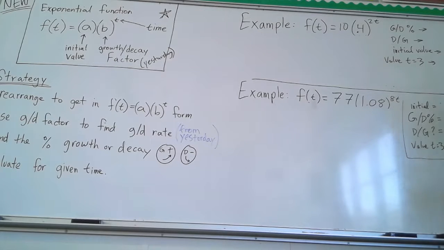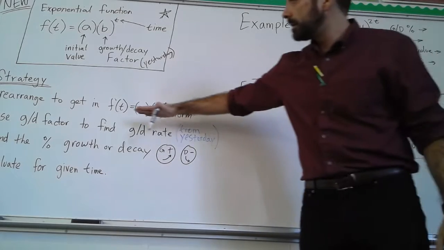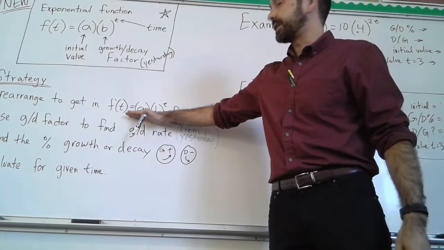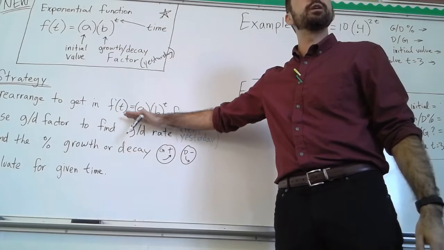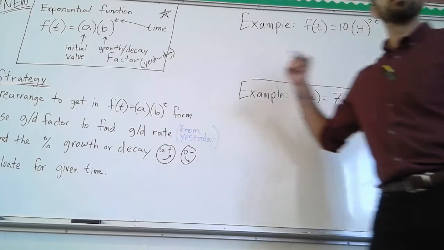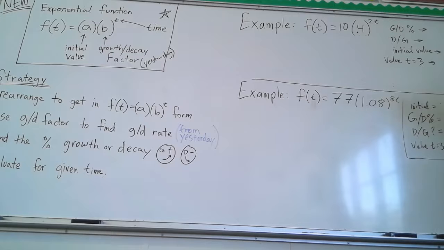Okay, then we need to look at, do we have it in our standard form? Do we or don't we? And if we don't, what is different with this practice problem in the standard form?